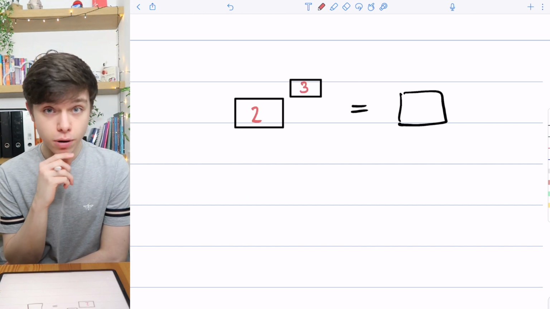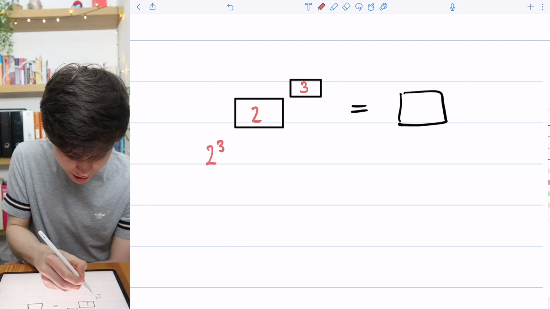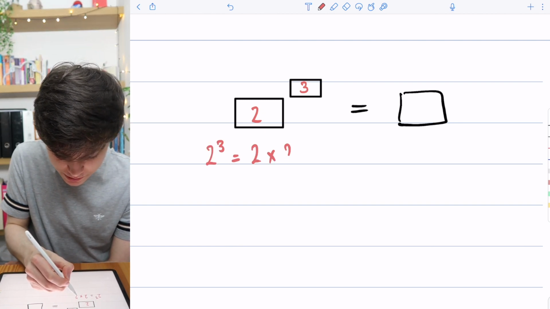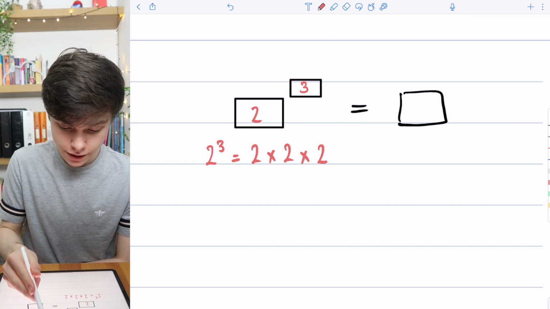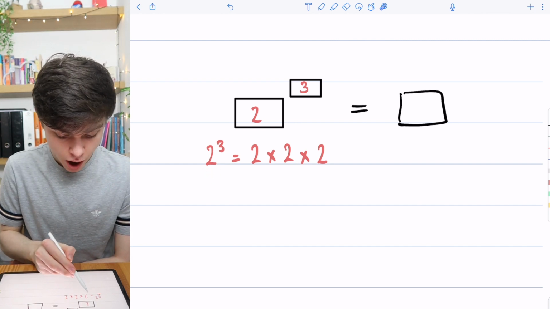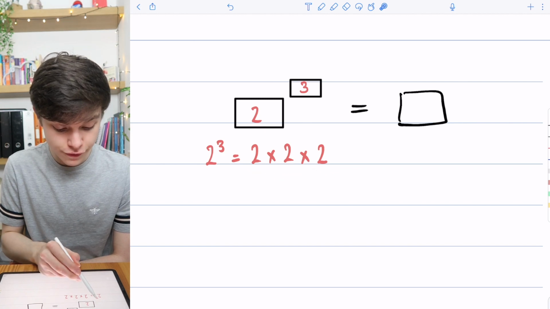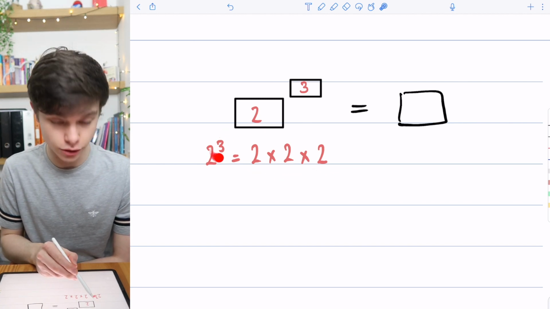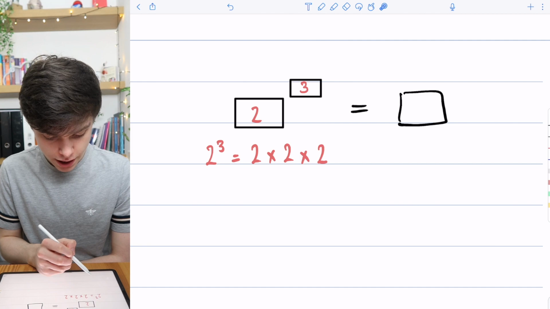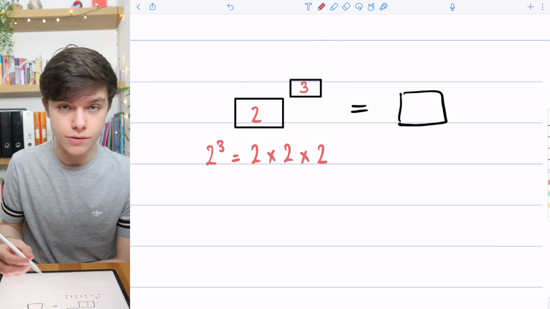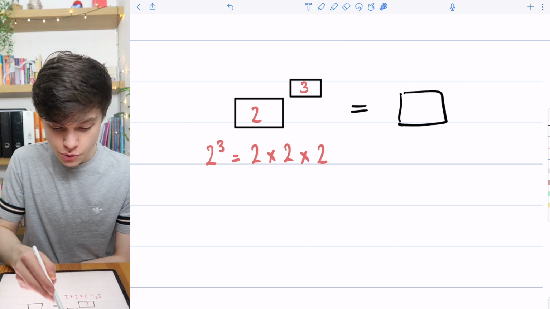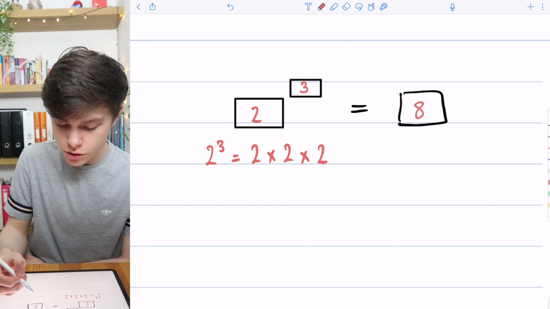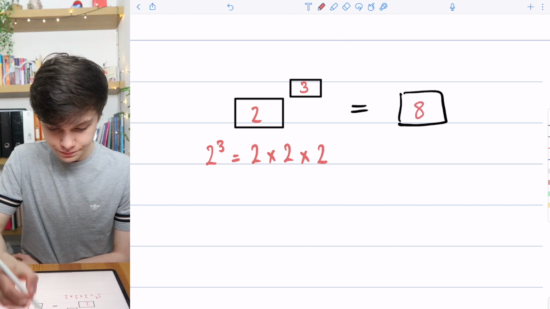Now you probably know that 2 cubed is 2 times 2 times 2. All we do is we take the number on the bottom here and we multiply it by itself as many times as the little number says. So 2 cubed, or 2 times 2 times 2, well, 2 times 2 is 4, and then times 2 gives us 8. So 2 cubed is 8.